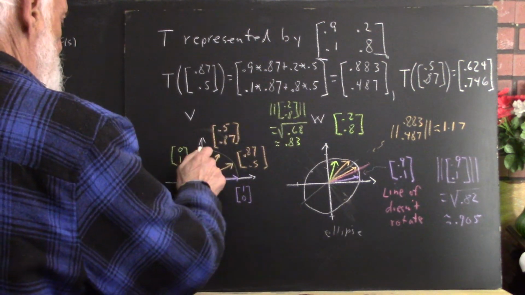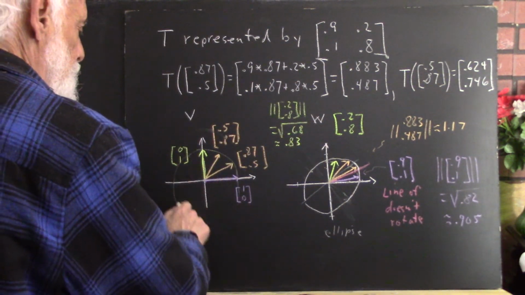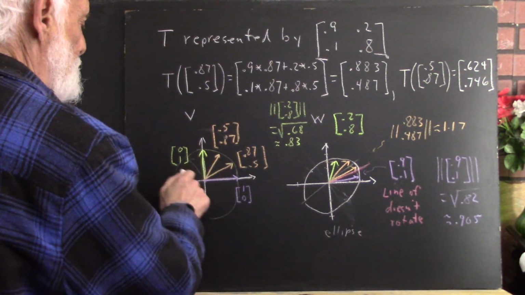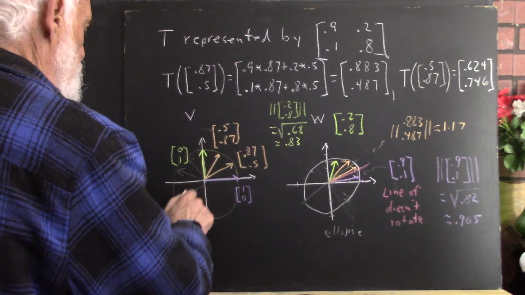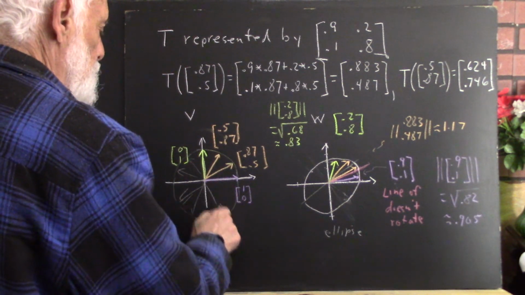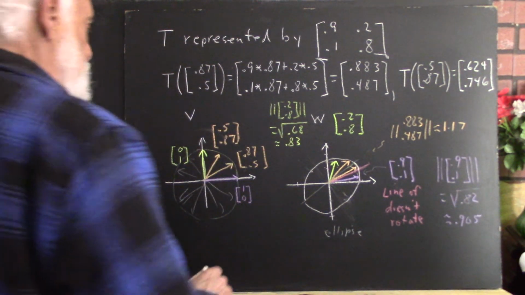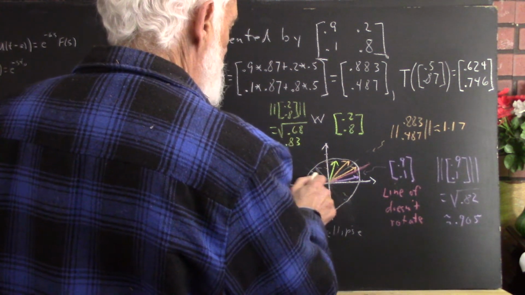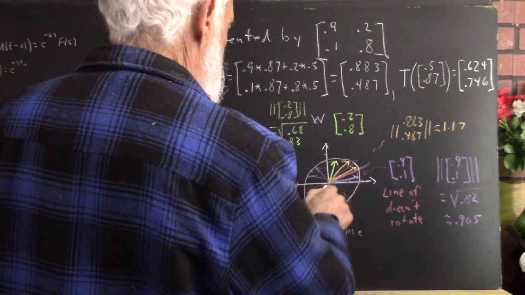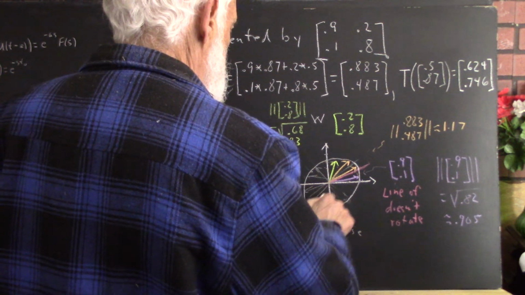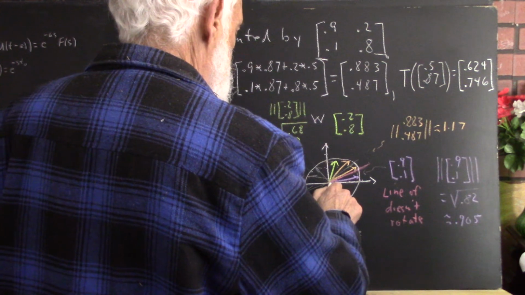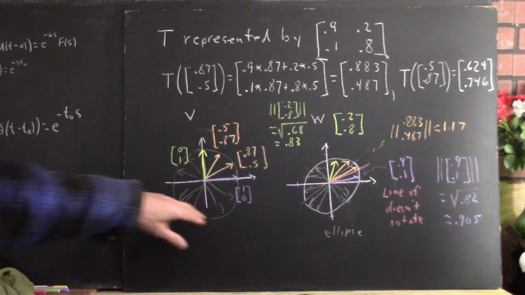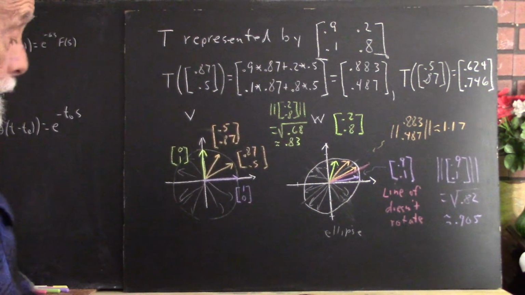Okay, so if we continued the picture for vectors equally spaced around a unit circle, a circle of radius 1, we would get vectors around this ellipse. And I haven't drawn them very accurately, just giving you the general idea.